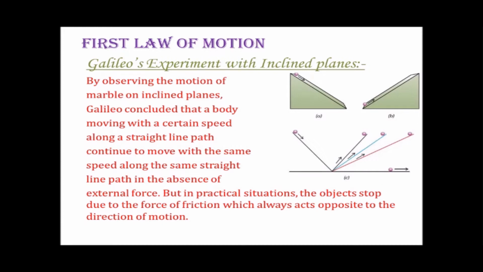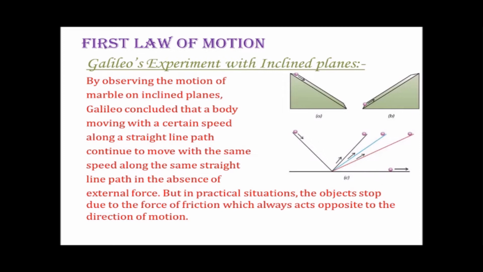Ultimately, if the right side plane were made horizontal, the marble would continue to travel forever to reach the same height from which it is released. No unbalanced force acts on the marble in this case. From this experiment, he concluded that a body moving with a certain speed along a straight line path continues to move with the same speed along the same straight line path in the absence of external force.